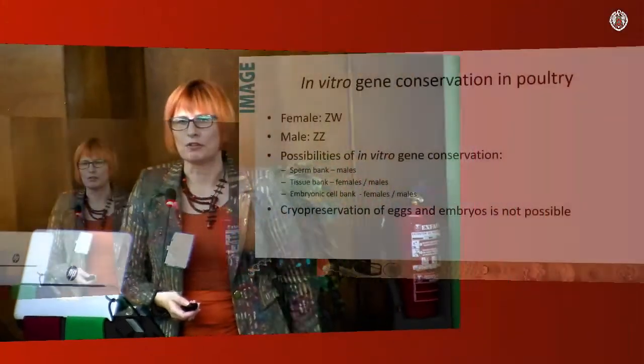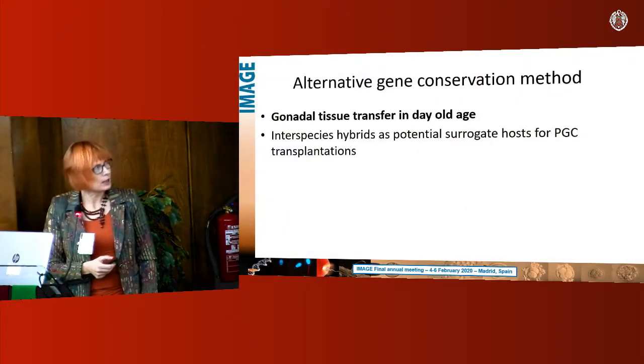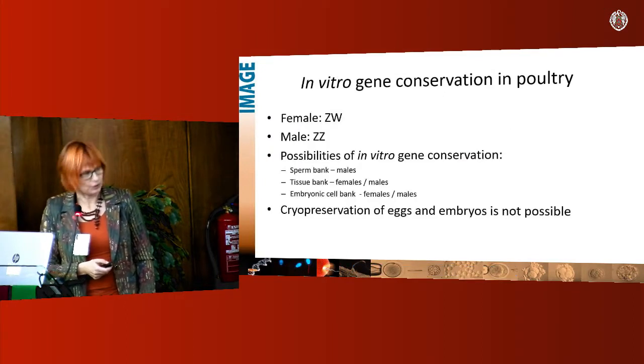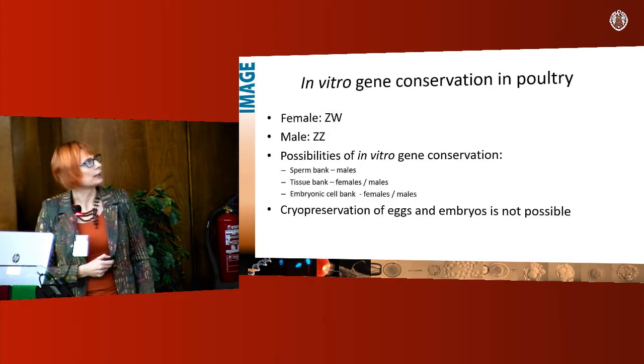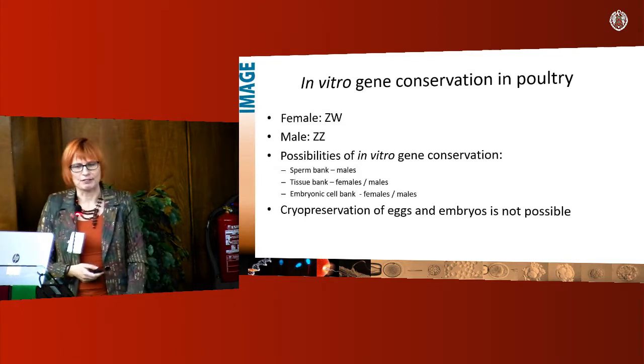Cryopreservation of the oocytes or embryos is almost impossible because of their biophysical traits. And as the females are heterogametic and the males are homogametic, the female genome falls out of the gene conservation.